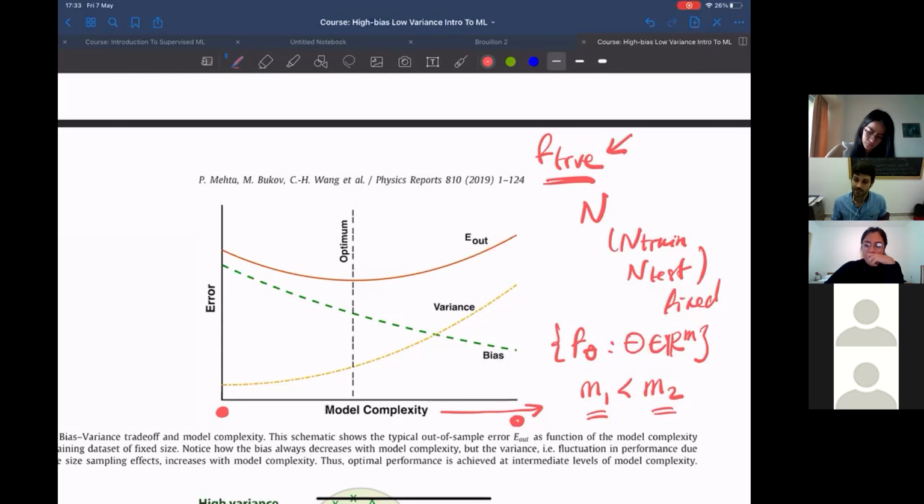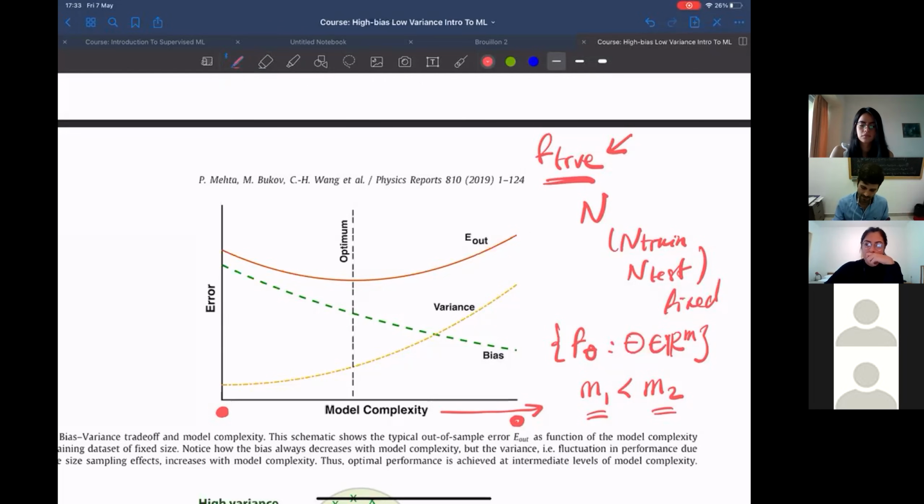But there is a price that you pay when you increase the model complexity. And the price that you pay is that instead the variance is a monotone increasing function of the model complexity. And again, what is the variance? The variance is a measure of the sensitivity of your model to sampling noise.